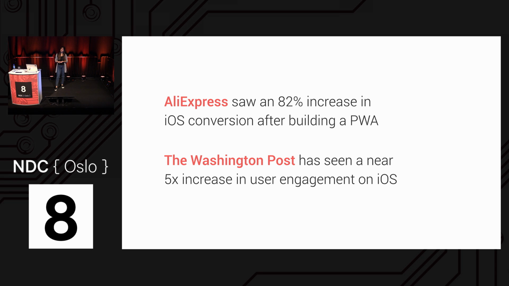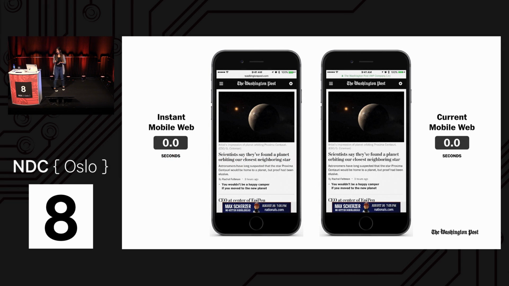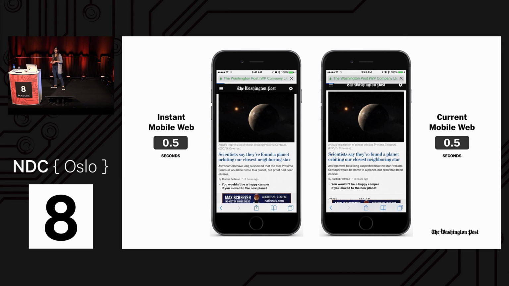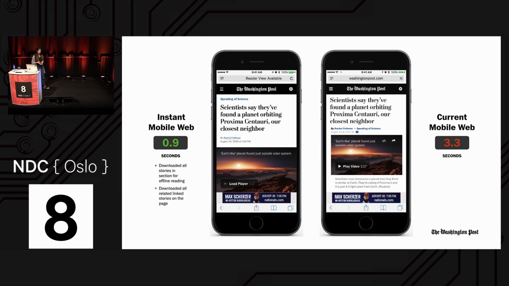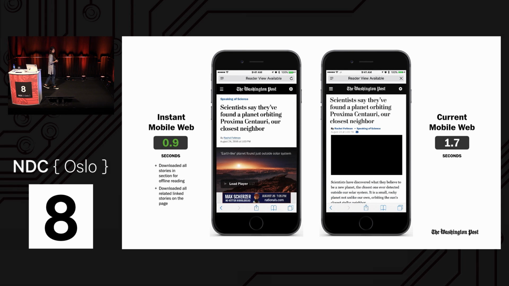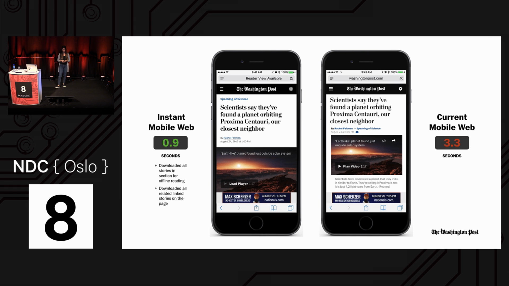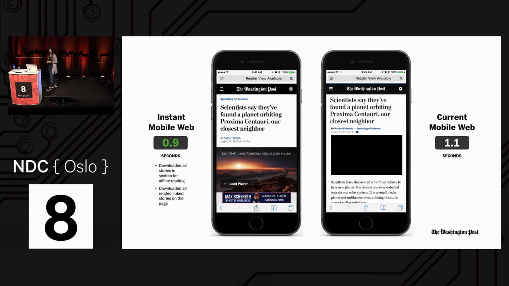And I think that's due to the best practices for performance, a faster load, and just a smoother experience overall. And the Washington Post also has a combination of a PWA and AMP, which allowed them to offer a game-changing experience. And this is the difference between their current mobile web and their instant mobile web.